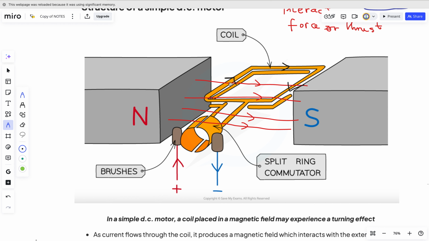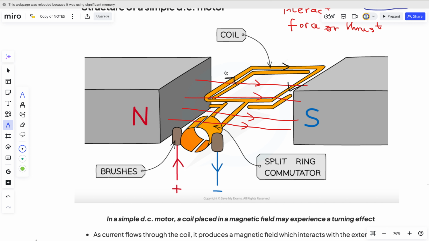Okay, now let's take a look at what will happen here. In Fleming's left hand, the current is flowing down in the first case. But you have to twist your finger. If your current is going up instead of down, and this one is still in the north pole, still north to south, from left to right, then the force will not go up.